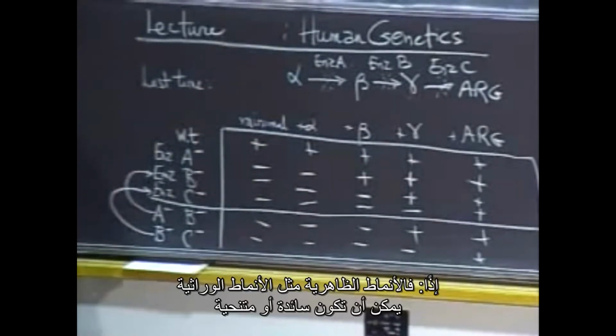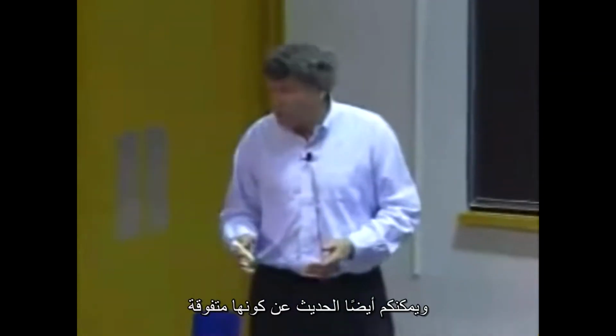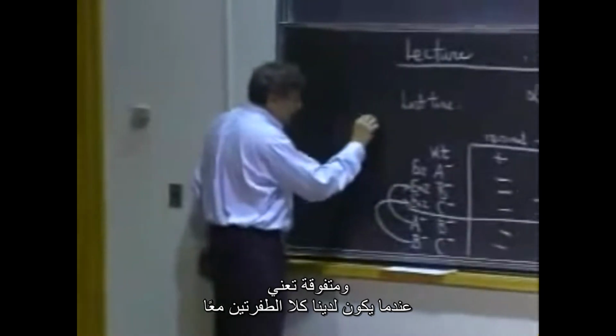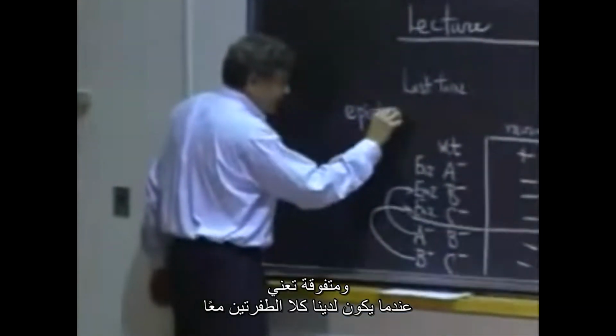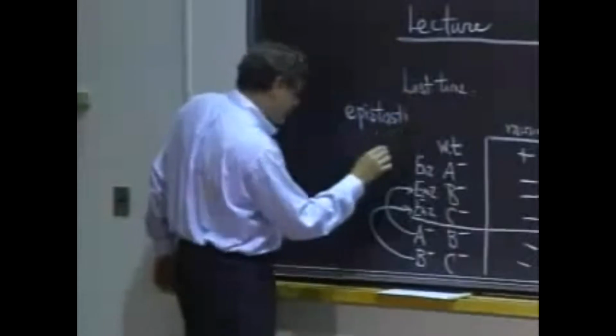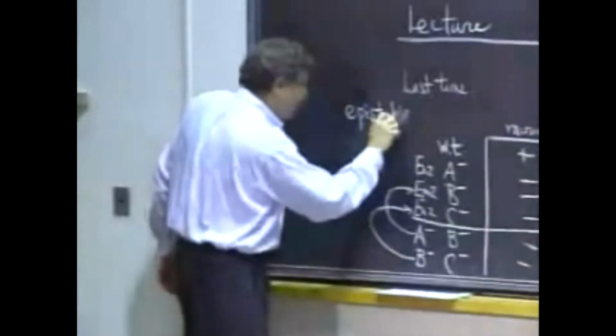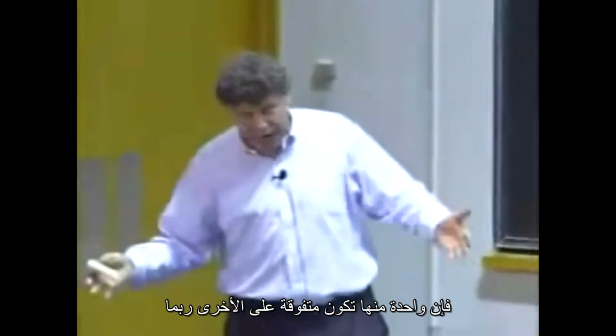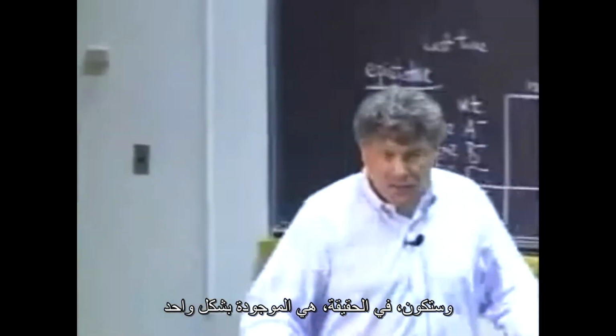Just like phenotypes can be recessive or dominant, you can also speak about them being epistatic. And epistatic means that when you have both of two mutations together, one of them is epistatic to the other. It will, in fact, be the one that is present.